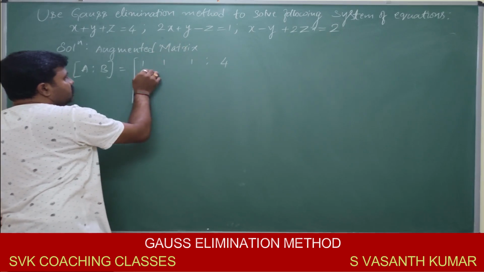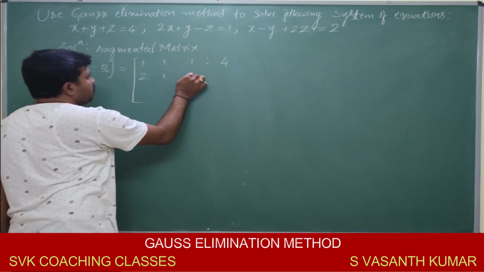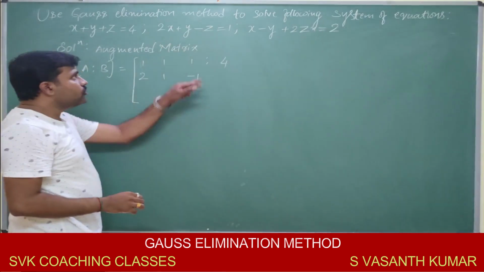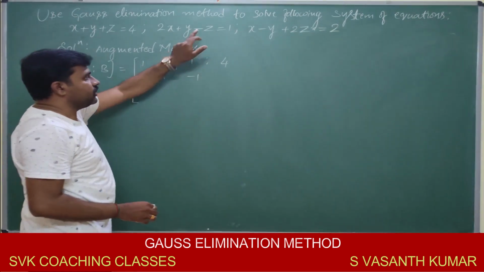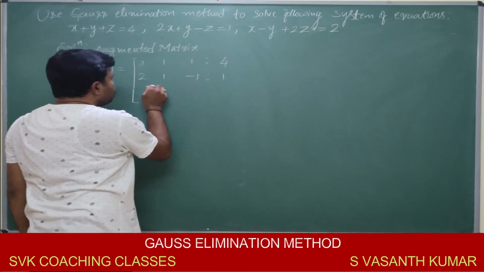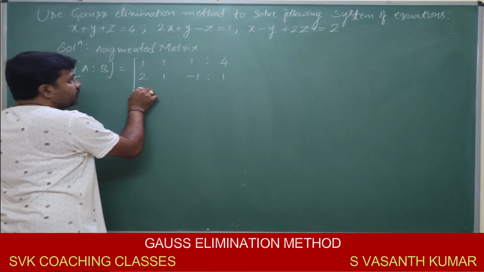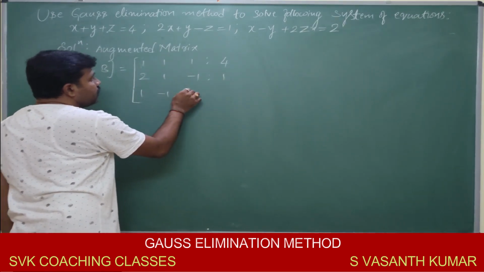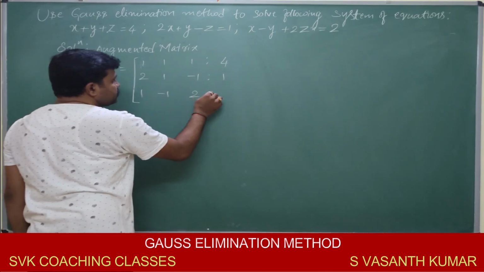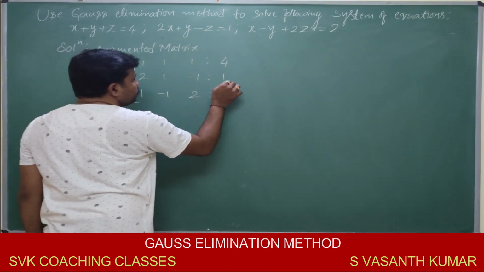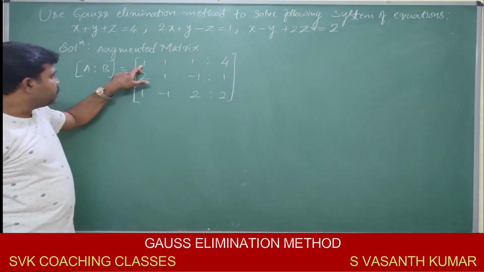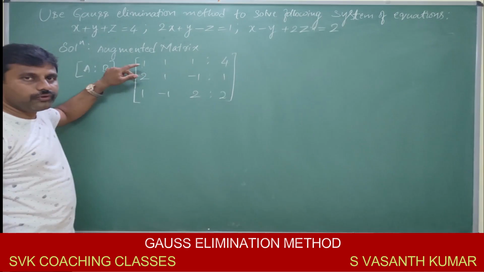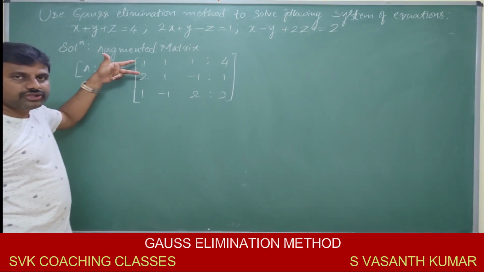From the second equation we have 2, 1, minus 1. Be careful while writing the values of the coefficient matrix. It is minus 1 | 1. From the third equation we have 1, minus 1, 2, which is equal to 2. Therefore, in case instead of 1 we have 2, kindly go for interchanging the rows there.